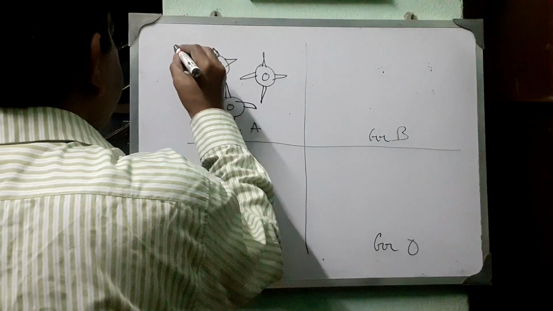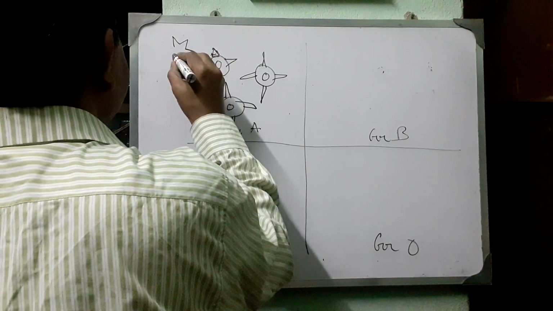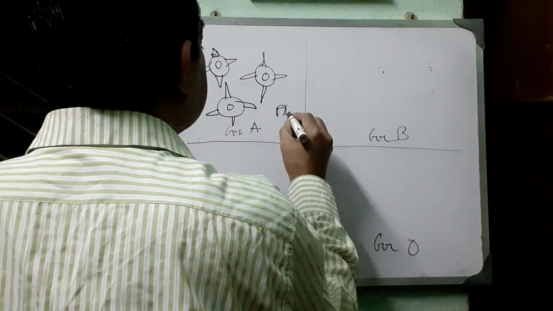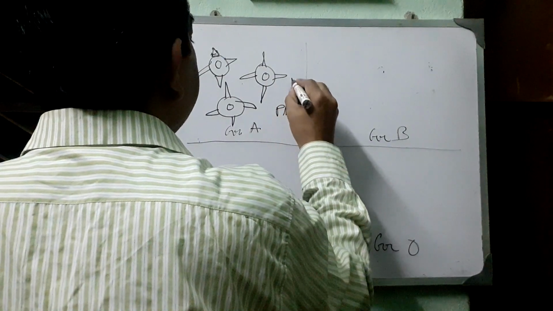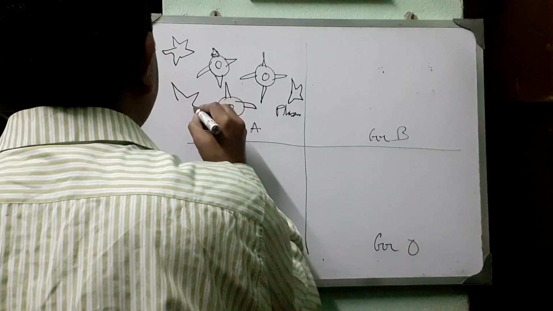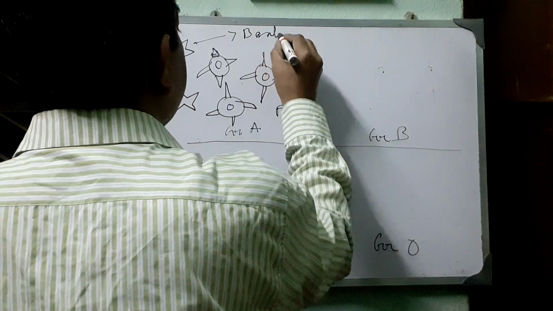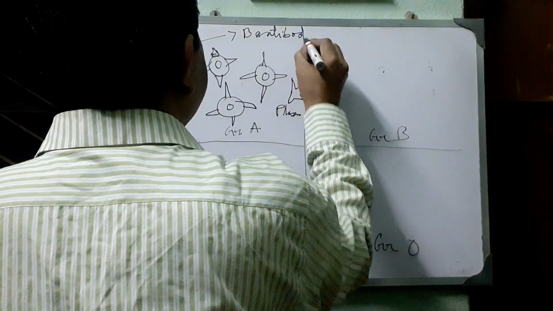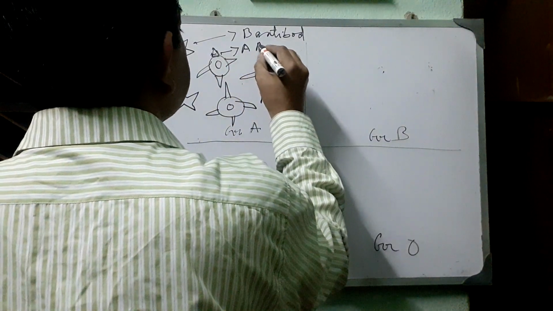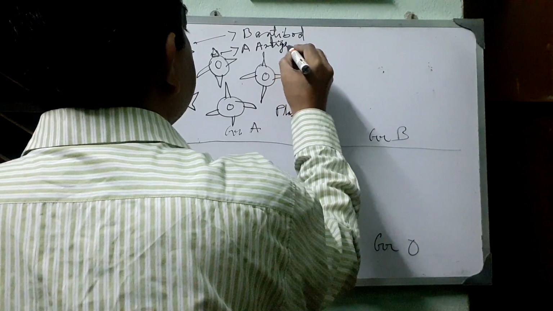When A antigen is present, the antibody present in the plasma will be B antibody. This is the B antibody in case of A blood group people, and this is the A antigen present on the surface of the red blood cell.